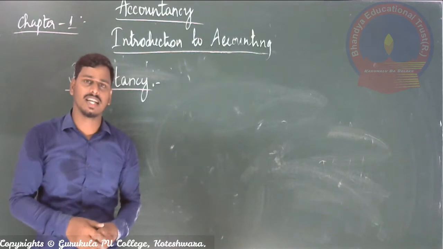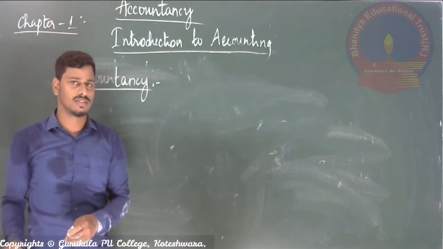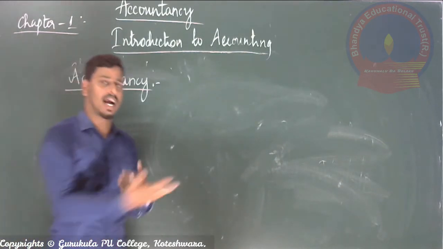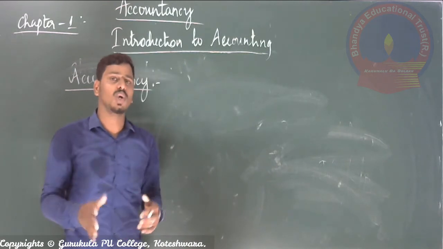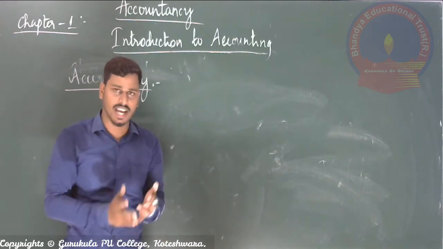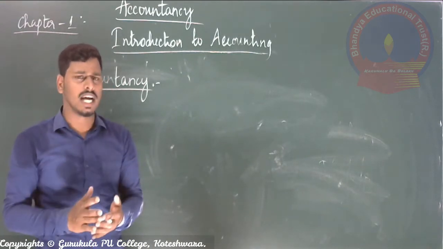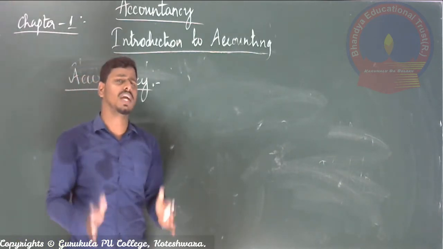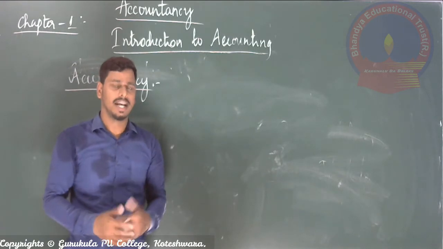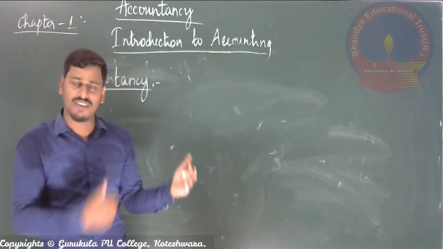Actually, your subject is not accounting, right? Accounting is a set of activities, but we don't do all of them: identification, recording, measuring or communicating. These things we don't do in our subject. Is it possible to identify the transactions?